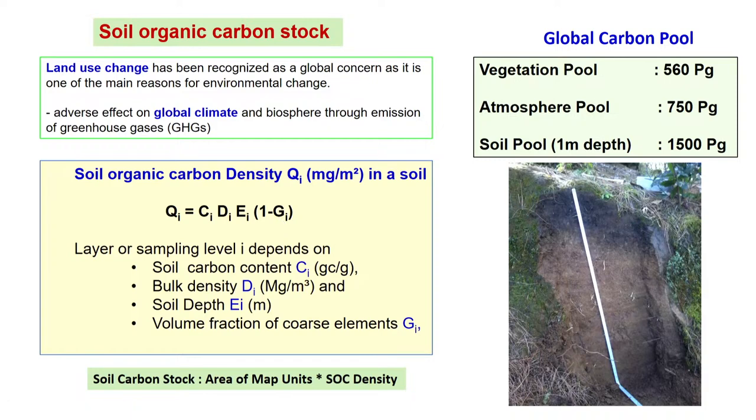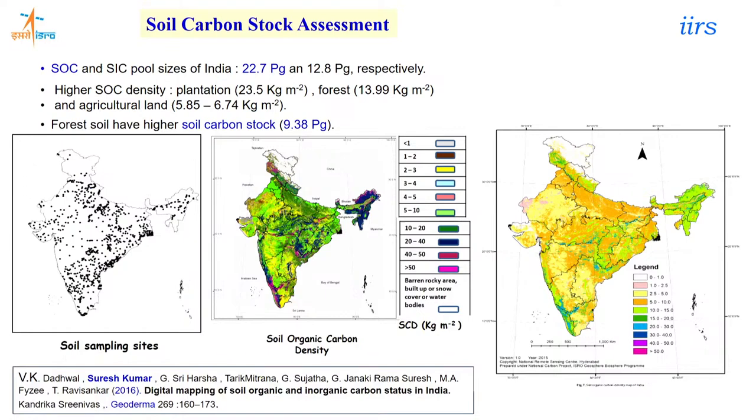So using this formula we can get the soil carbon density, and then you multiply with area, you will get the soil carbon stock. Here you can see soil carbon stock we mapped for the entire country in our national project, which has been published, the paper in this one you can study.